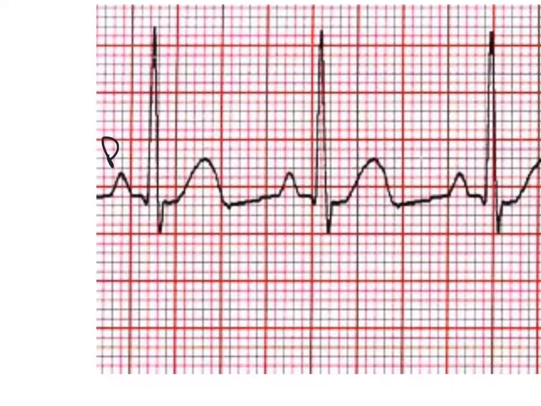We're about ready to contract. Do not think that it's actual contraction. No, it's not the contraction. This is just the electrical part. This is the electrical depolarization, the electrical preparation of the atria. In essence, it means atrial depolarization.